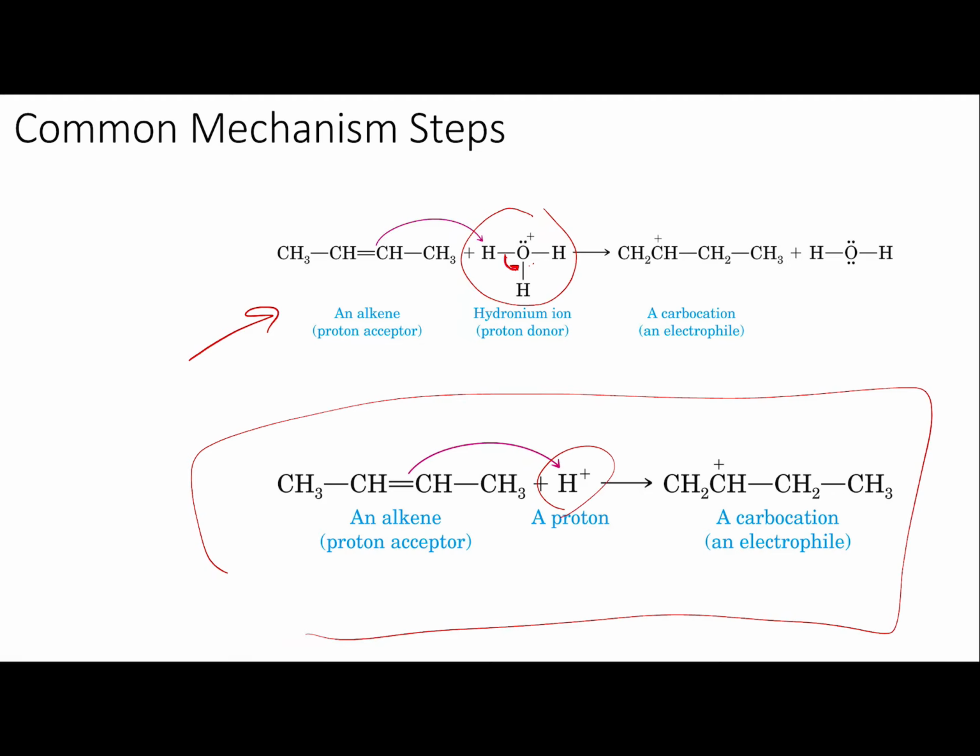In the future, when I'm showing you the mechanism for the real reaction that we just did, the hydrohalogenation, it'll look more like this. We're not going to show all of the details, like showing the hydronium ion as opposed to just the hydrogen ion. But this is typically what reaction mechanisms look like, involving proton donors, proton acceptors, electrophiles, nucleophiles, and so on.